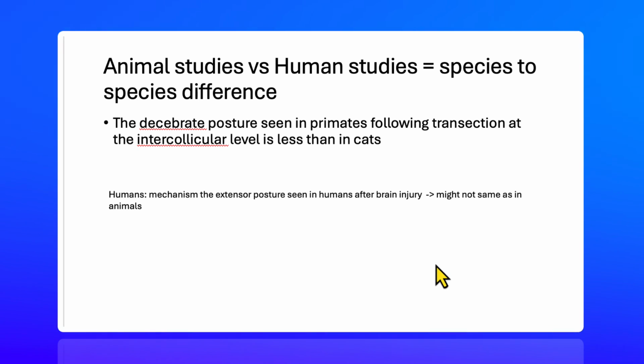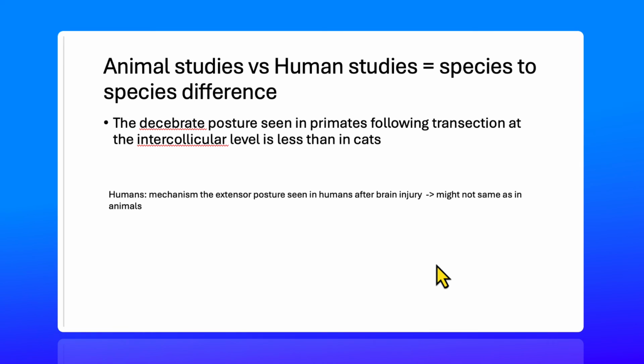So once again, one has to be very careful that the studies done by Sir Charles Scott Sherrington were done on animals and not on humans. And even Sherrington noted there's a species to species difference from lesions at different parts of the brain.